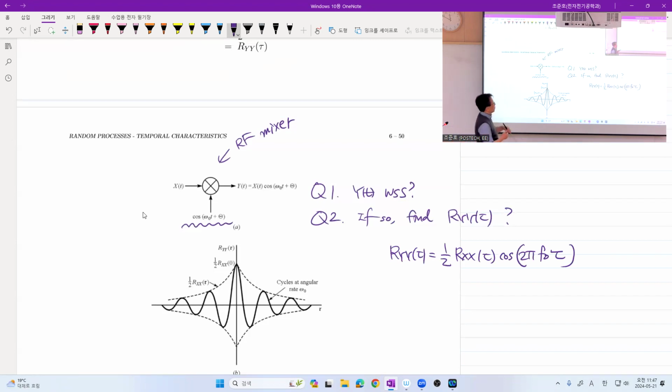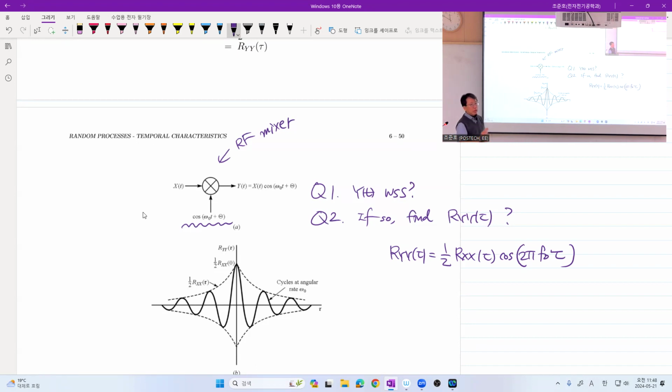Got it? And this 1/2 is from the fact that the power of a cosine function is just 1/2. The RMS power of a cosine function is 1/2. So something like this, okay? And the proof, you do it, got it? It's not that difficult, just use the definition.